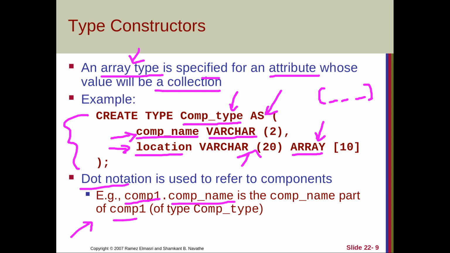Along with each of these attributes, if it is a collection of values, we can provide an array type constructor also. In this particular example, location with array of 10. So it is permitted to have 10 locations for each of these companies.